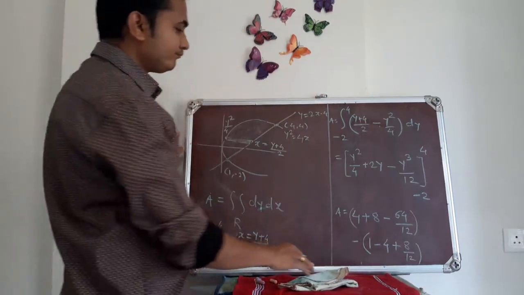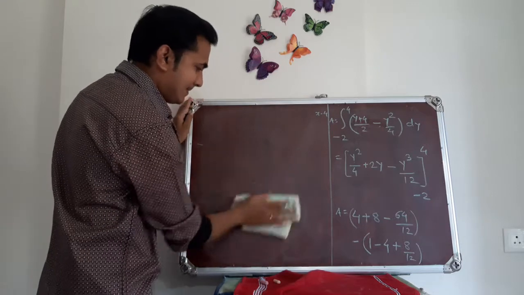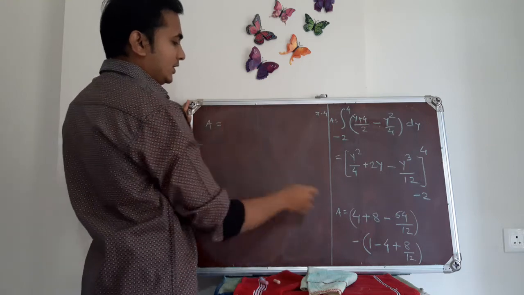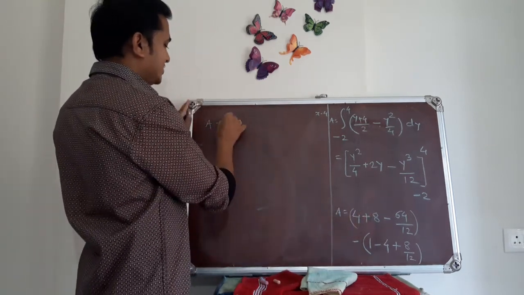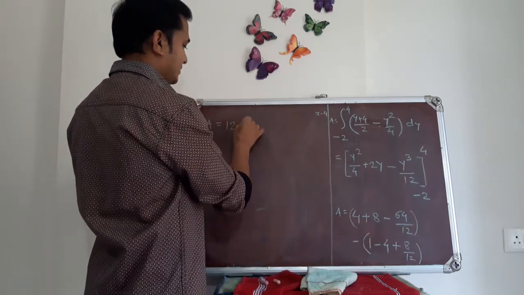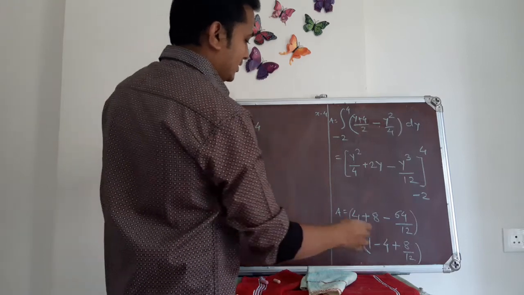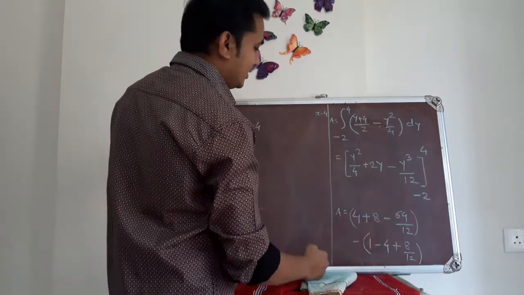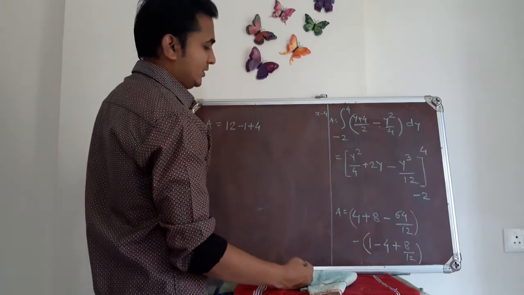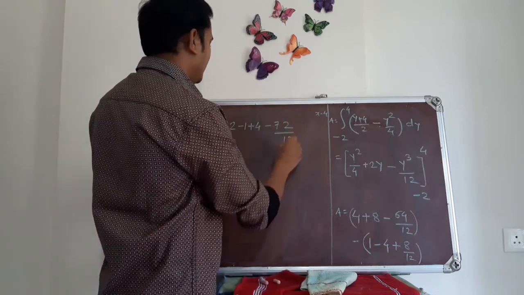So A is equal to 8 plus 4, that is 12, minus 1 plus 4, minus 64, minus 8, 72 by 12.